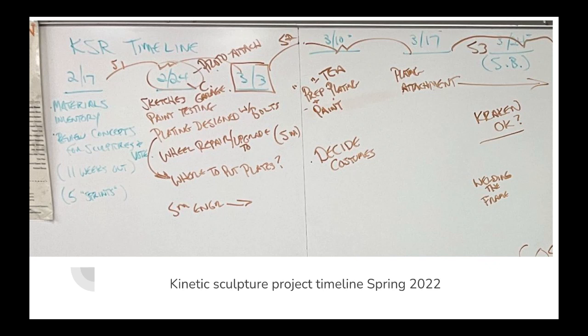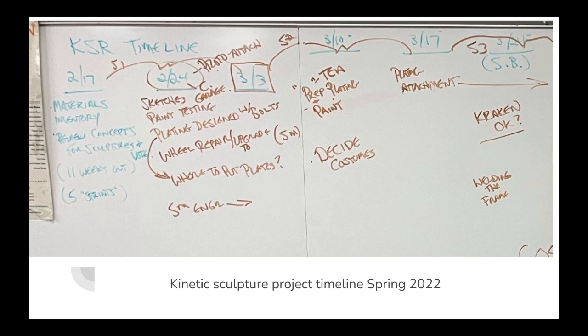Deciding on costumes. This race is like performance art, so that had to be included and discussed in Sprint 2. And then actually attaching pieces on March 17th, and you see Sprint 3. SB is spring break. It's very important to note other obligations. Maybe you have a family trip planned during spring break.